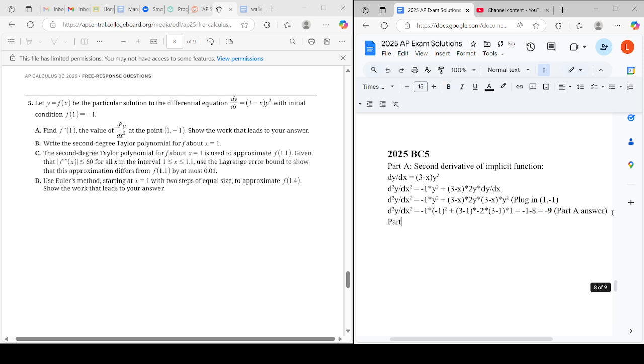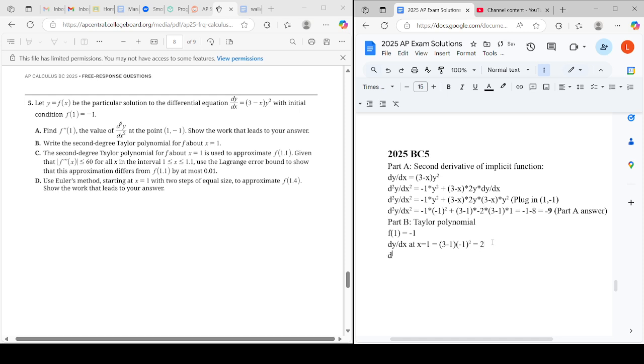In part B, we're asked to create a Taylor polynomial. Because it's a second degree Taylor polynomial, we're going to need the function value, which is given, and the derivative at x equals 1, which is 3 minus 1 times y squared, 1 squared, and this would be 2.